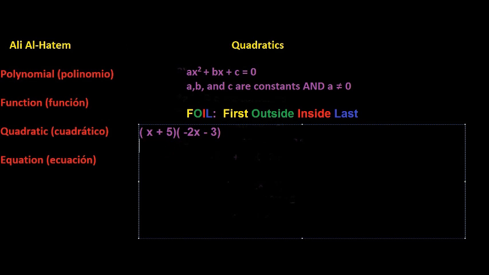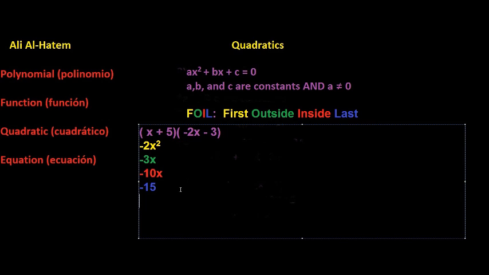So the first part, x multiplied by negative 2x will give you a negative 2x squared. The outside, x multiplied by negative 3 gives you a negative 3x. The inside, plus 5 multiplied by negative 2x gives you a negative 10x. And the last, the 5 multiplied by negative 3 gives you a negative 15.